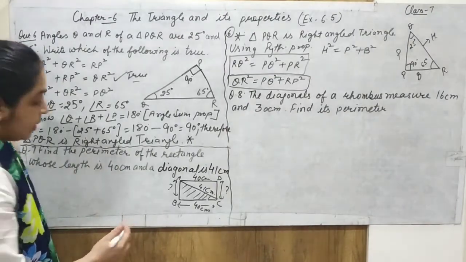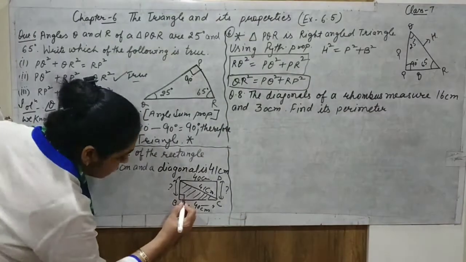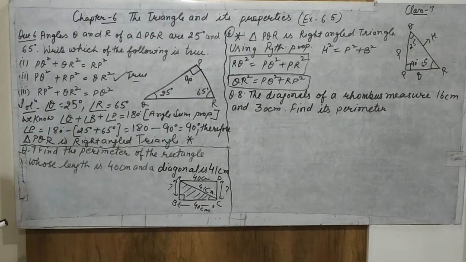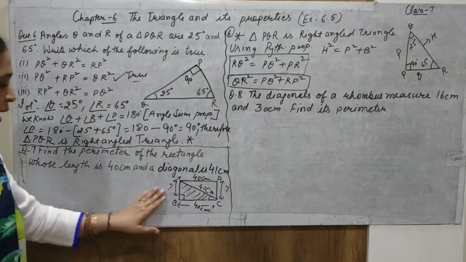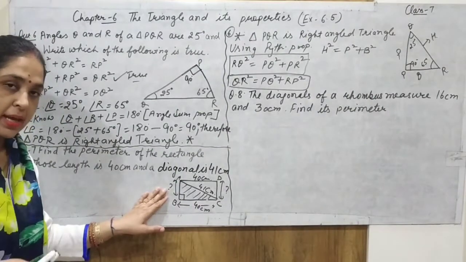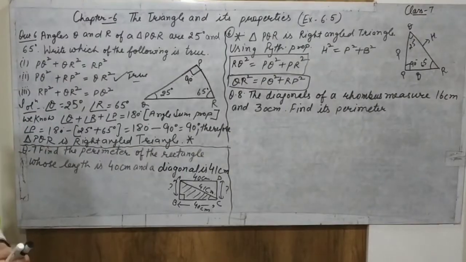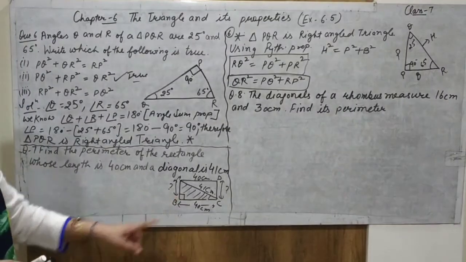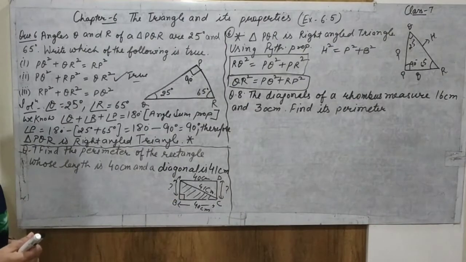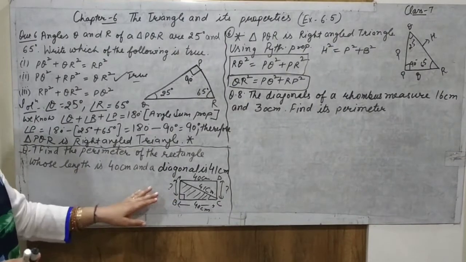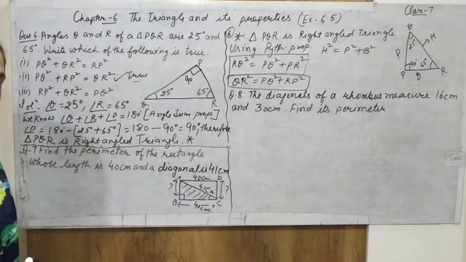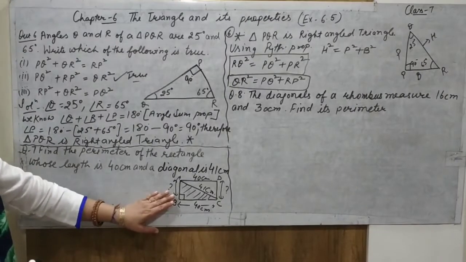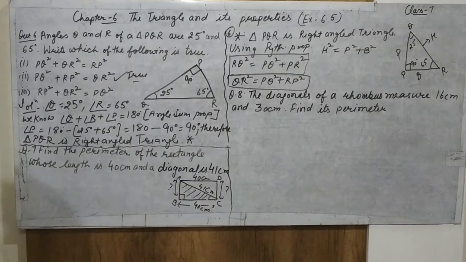Which kind of triangle? Actually, this is a right angle triangle. Why is it a right angle triangle? Because all the angles of the rectangle are 90 degree. So that's why we can say this angle acts as the 90 degree angle.